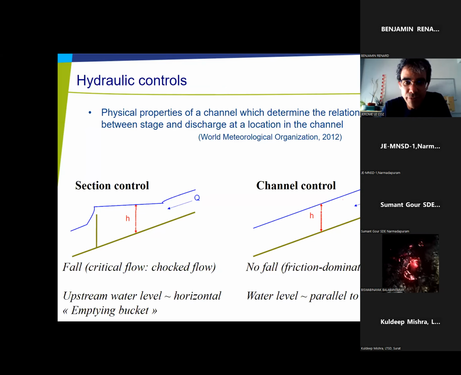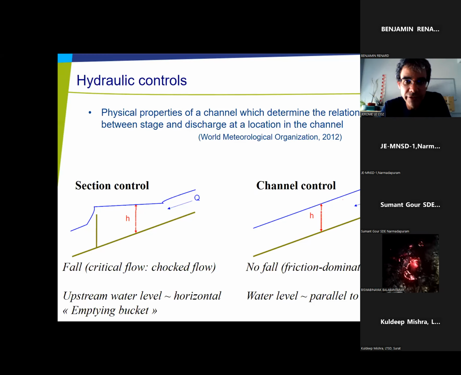Now, we come to the most important concepts in the BaRatin method, which is not specific to BaRatin. Actually, it's a very old, very classical concept used by hydrologists to build their rating curves, and that's something we also use in BaRatin. So that's the hydraulic control.